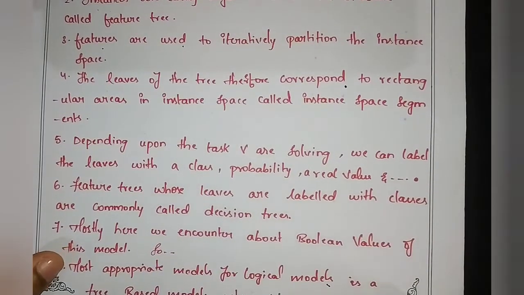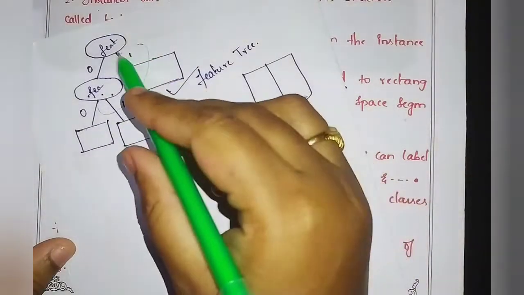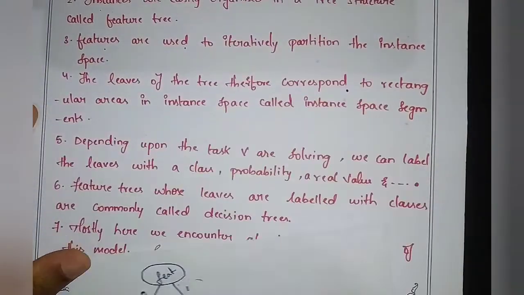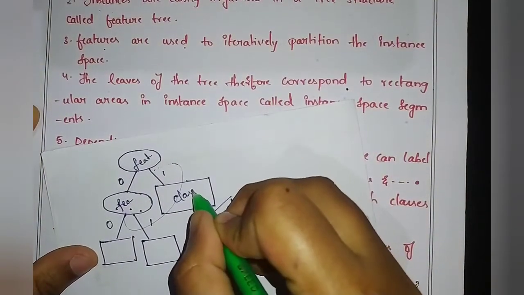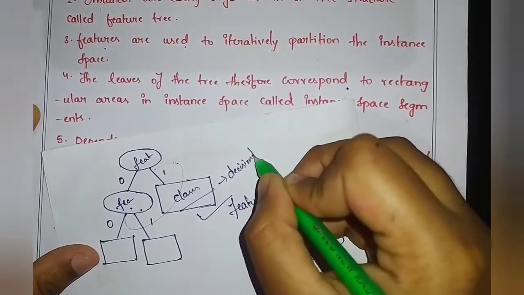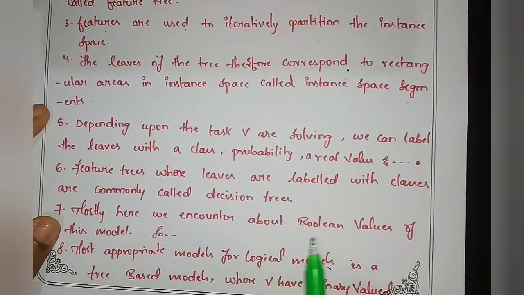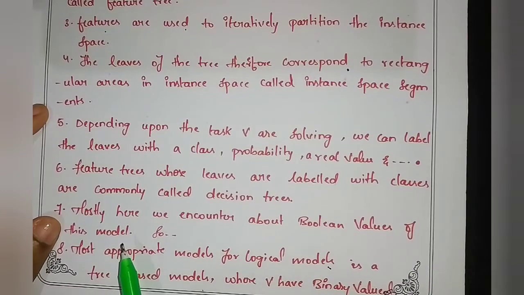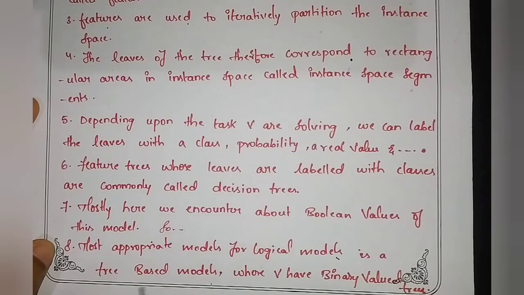Feature trees whose leaves are labeled with classes are commonly called decision trees. Here mostly we encounter boolean values in this model, 0, 1, yes or no. The most appropriate model for a logical model is a tree-based model, so here we have binary valued trees.